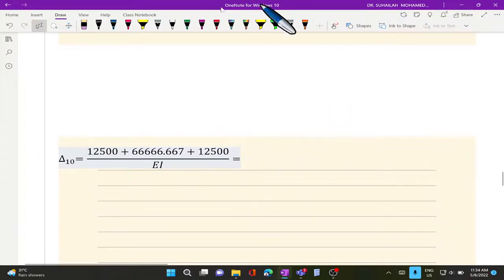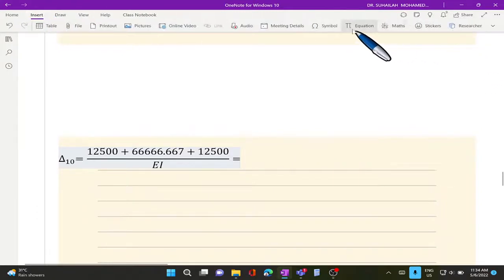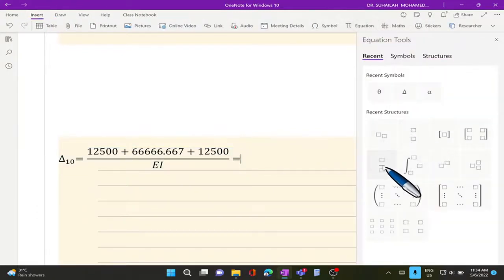91,666.667. That is delta 1 naught. Then the next one is F11.